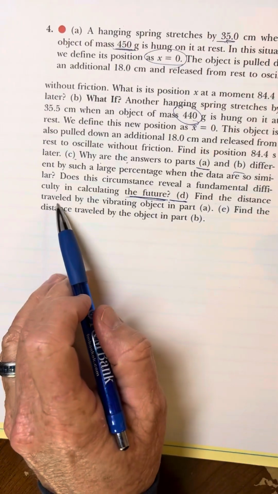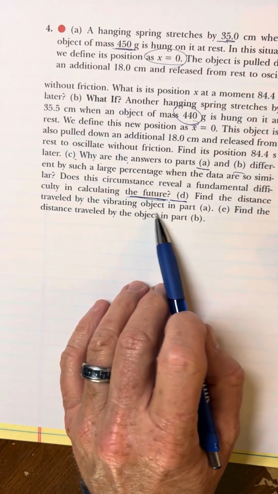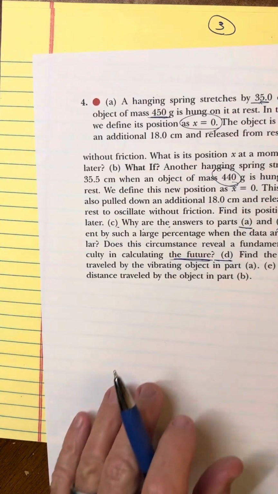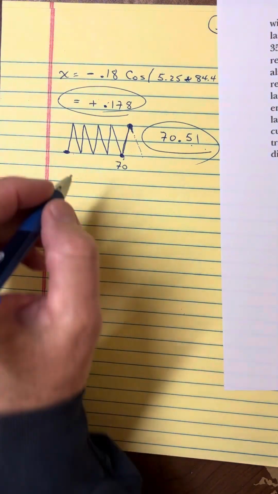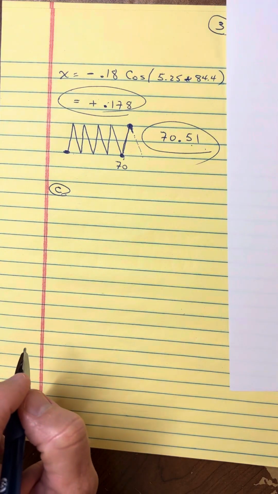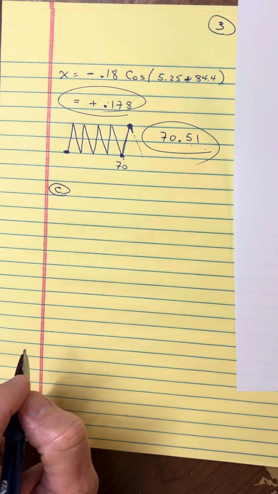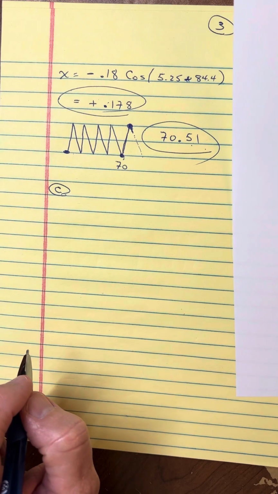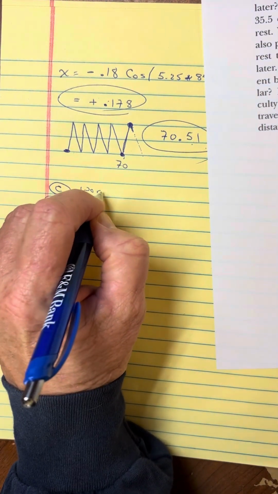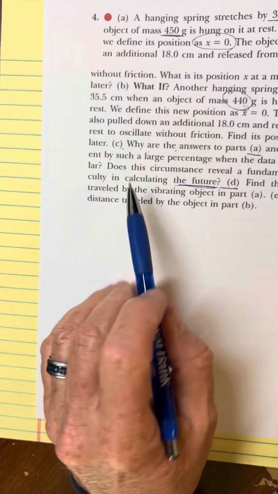Find the distance traveled by the vibrating object in part A. Okay, well, fortunately, part A, I guess I answered C in a bunch of words.